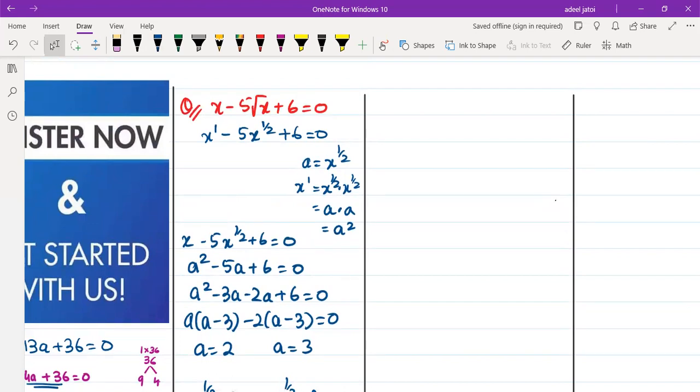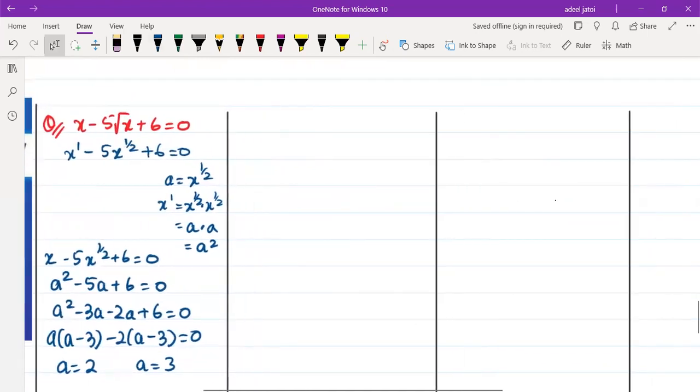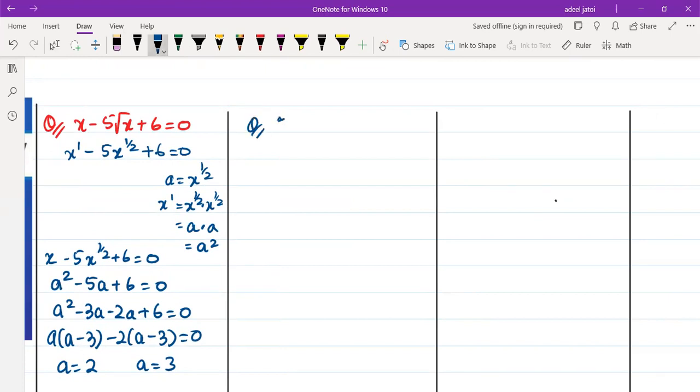Similar to this, if we had x to the power 8 plus 16 is equal to 17 x to the power 4, what we can do is x to the power 8 minus 17 x to the power 4 plus 16 should be equal to 0.